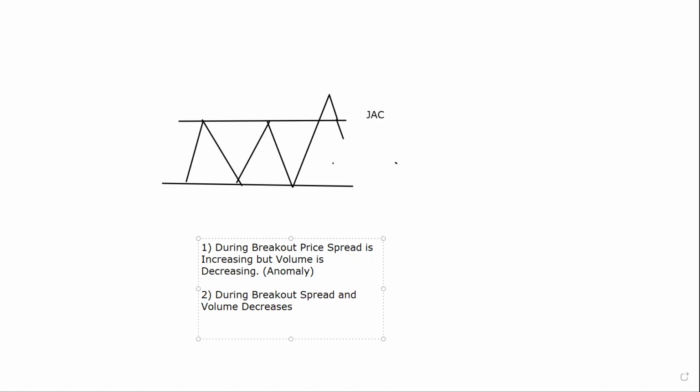The breakout must have energy. During the breakout, the spread and volume should both increase. But if you see that the price spread is increasing but the volume is decreasing, then it's not a true breakout. Or if you see that the spread and volume both are decreasing, then it's not a true breakout. It will fail. It shows that the buyers are not strong. Am I right? Yes, correct. This is the second condition.